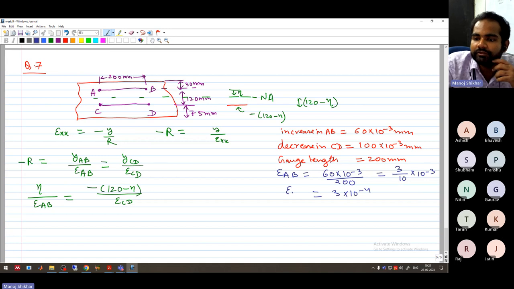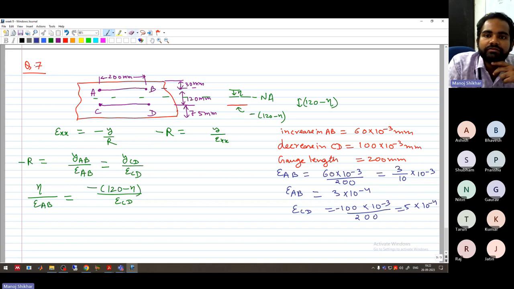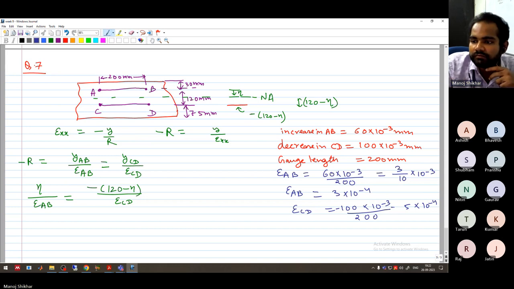Epsilon AB is 3 into 10 power minus 4. Epsilon CD is 100 into 10 power minus 3 upon 200, so 5 into 10 power minus 4, with a negative sign, of course, because epsilon CD is compressive.